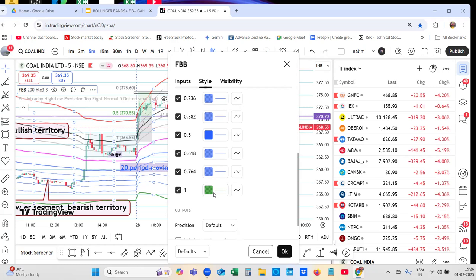So the red one and the green one are for the 3 standard deviations, and in between we get the violet one. Now you understood.